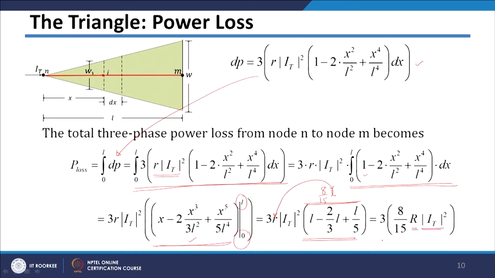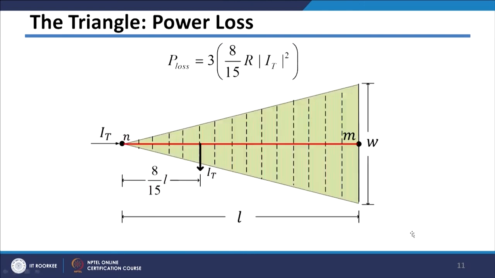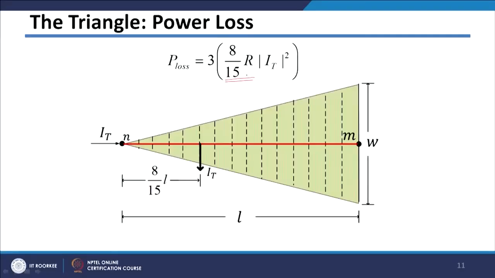So the overall power loss in the triangular configuration is given by this expression, and from it you can easily find the location of your lumped load. We can see that at the 8 by 15th distance, or resistance value of 8 by 15, I can lump the total current.